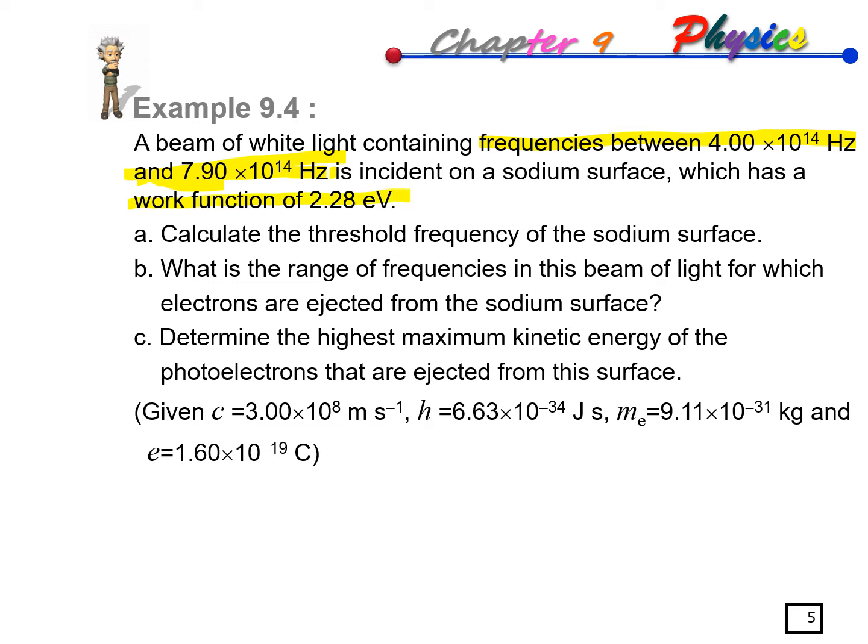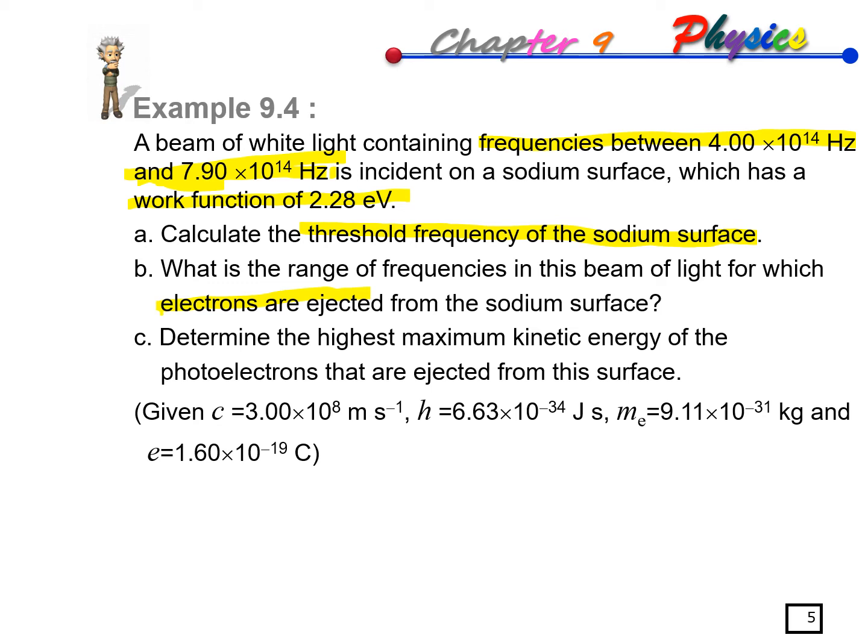They wanted to calculate the threshold frequency of the sodium surface. For the threshold frequency, we can refer back to the work function. Then, the range of frequency in this beam for which electrons are ejected. Electrons ejected will depend on the work function.